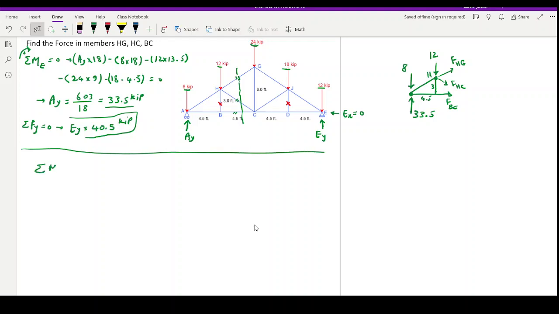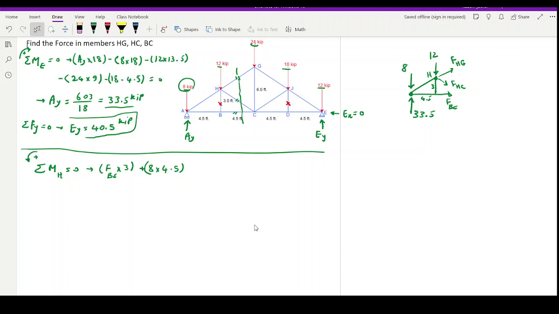So sigma M about point H is 0. I'm assuming that this is my positive direction. Then it's going to be FBC times 3. I start with FBC because I'm looking for it. Plus 8 times the distance, 4.5.